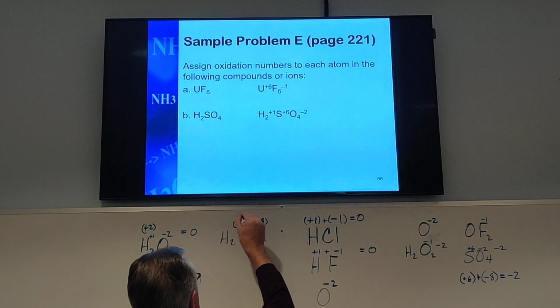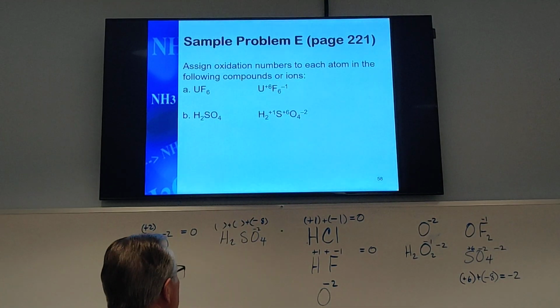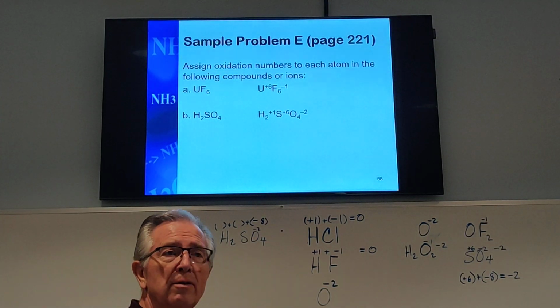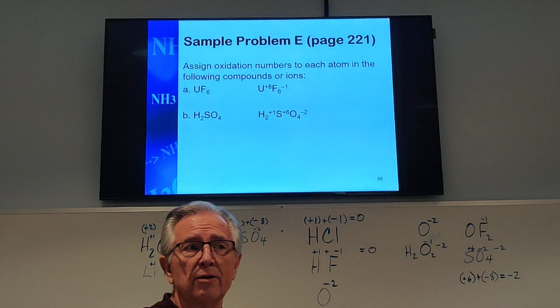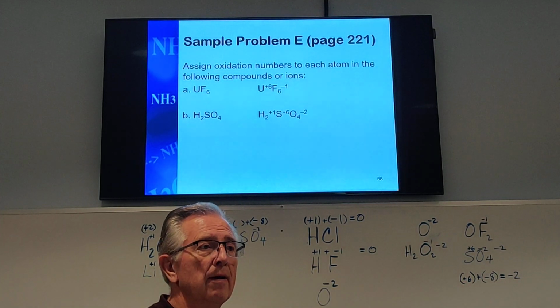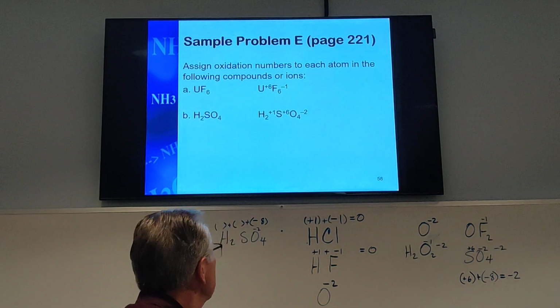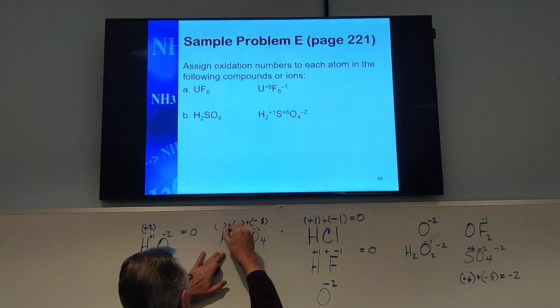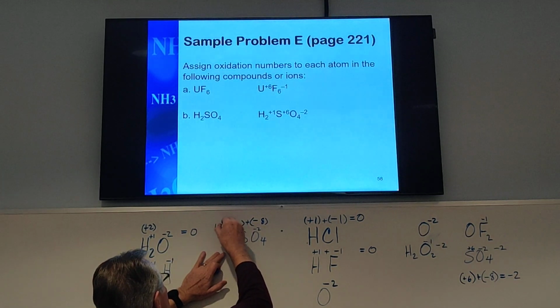Then we have the one for sulfur and the one for hydrogen. Which of those 2 do we know? We have a rule for hydrogen, and it's almost always what? +1. So each one's +1, and 2 of those would be +2.